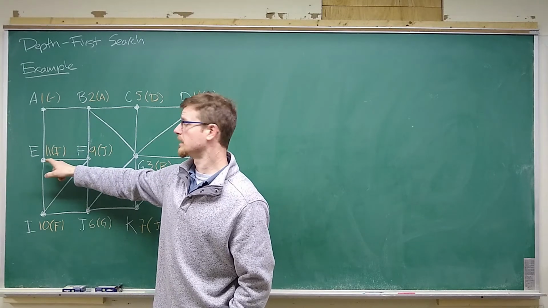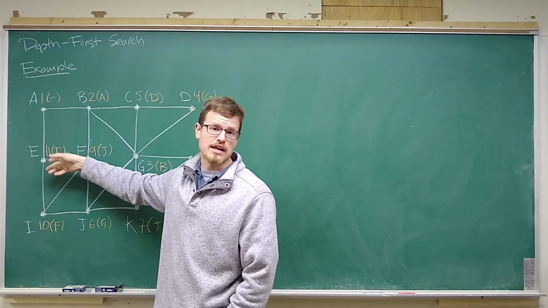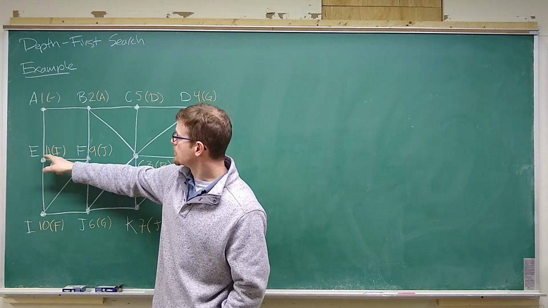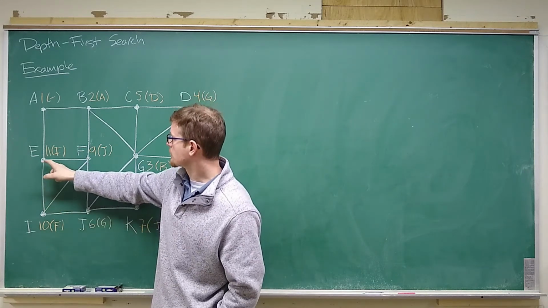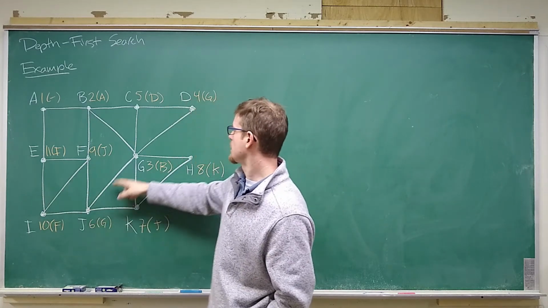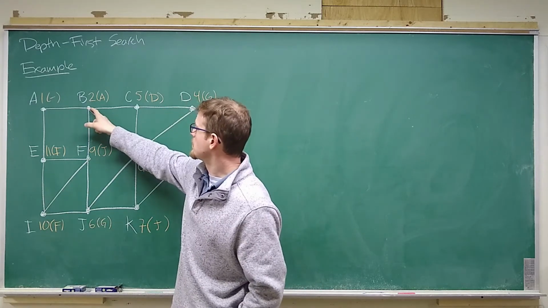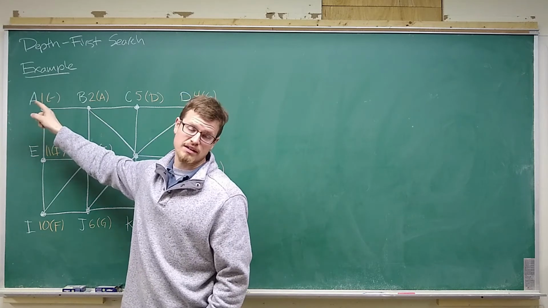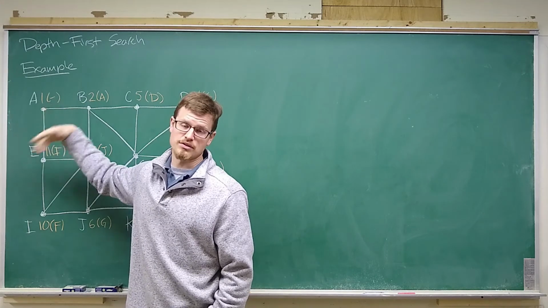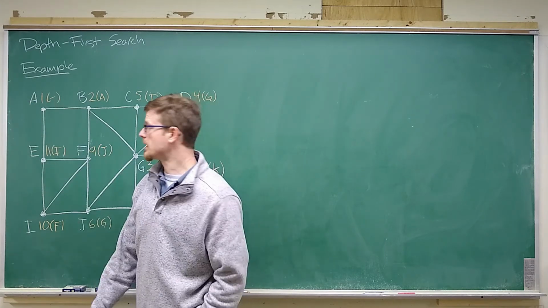Now, as far as the algorithm itself goes, and a nice formality, what you would find is that you would end up backtracking E to I, to F, to J, to G, to B, to A, and once you get back to the beginning, you would say, as long as there's no options, then you would be done.